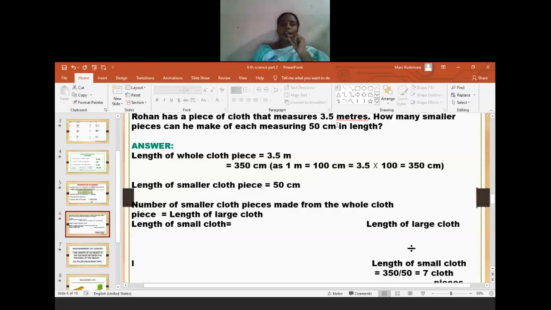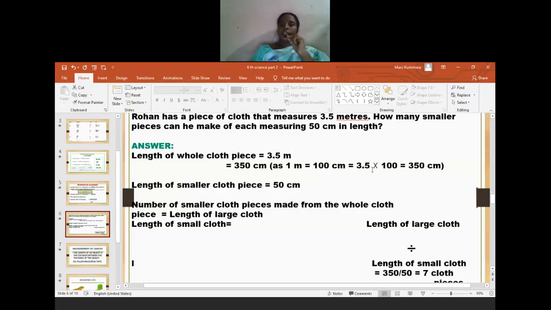He wants to cut it into 50 centimeter pieces. Then how many pieces will he get? Length of whole cloth piece is equal to 3.5 meter, already given in the question. 1 meter is equal to 100 centimeter.